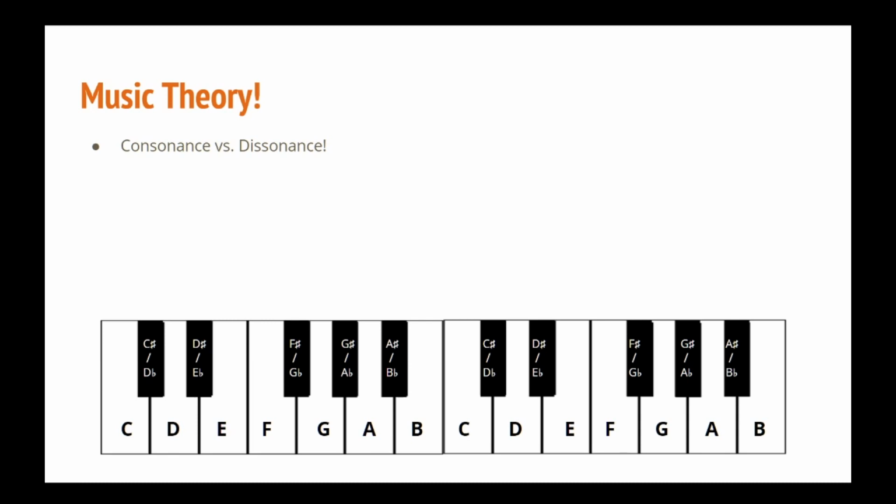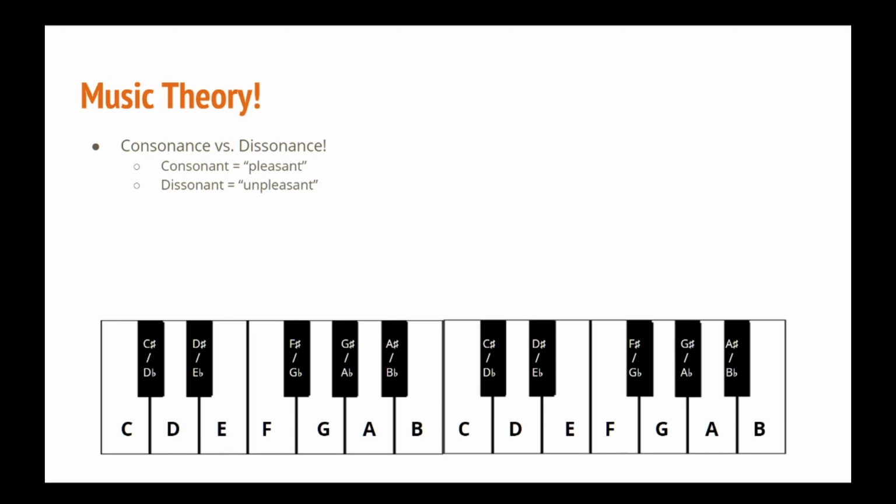So, in Western music, most intervals can be sorted into one of two groups, either consonant or dissonant sounds, also known as pleasant and unpleasant sounds. Now, I'm not going to get into the science behind consonance and dissonance in this video. We'll save that for a future topic.